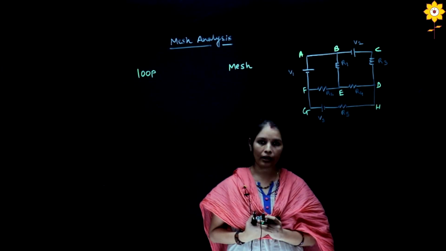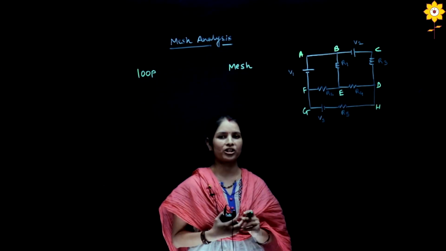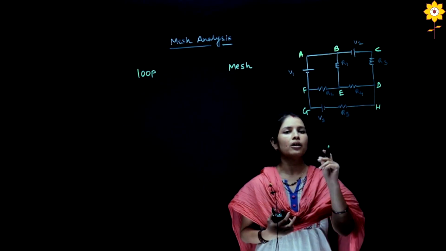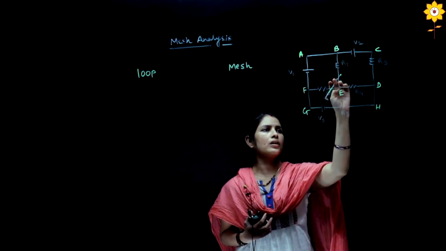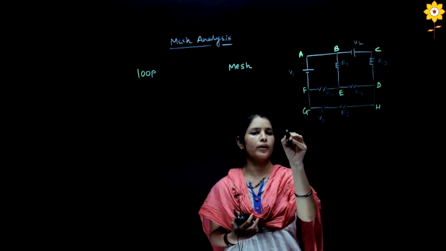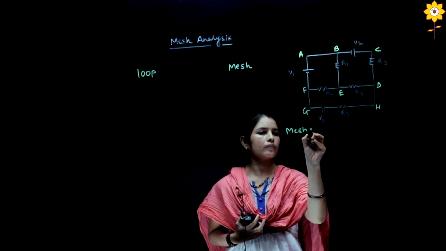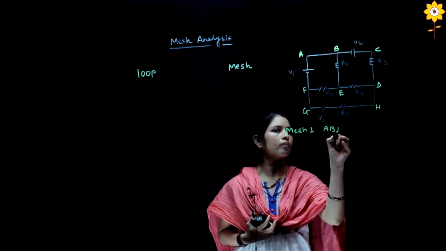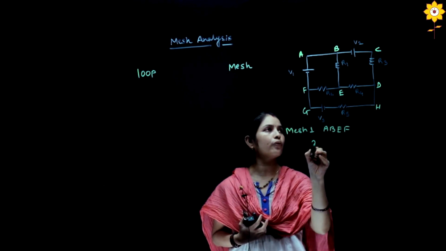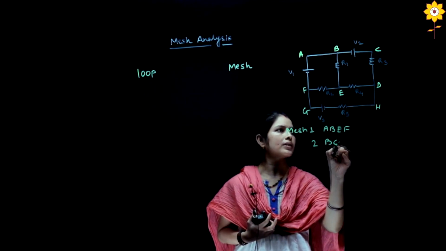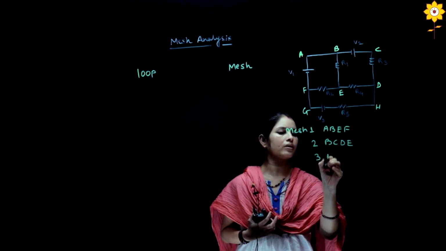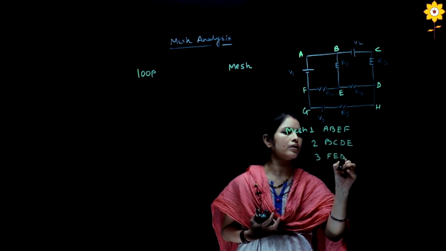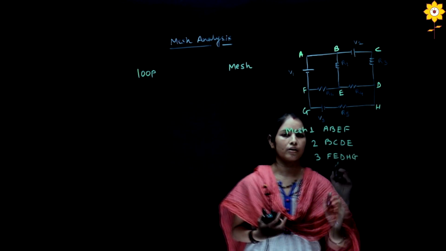But if we go for the mesh specific to the given circuit, we have overall 3 meshes: A, B, E, F is mesh 1. Mesh 2 will be B, C, D, E, and mesh 3 will be F, E, D, H, G.